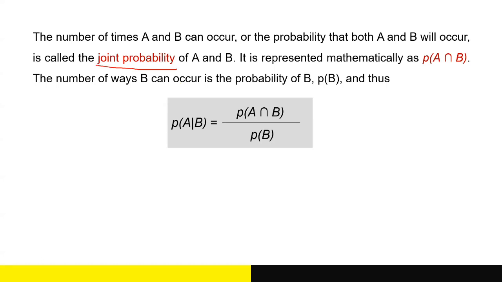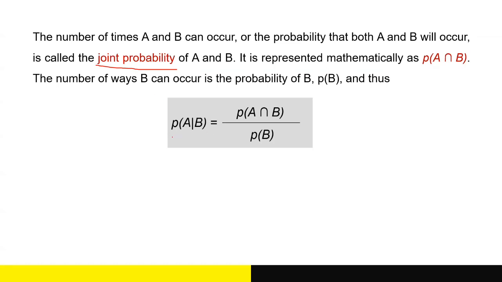So joint probability refers to the probability of two or more events happening together, which in this case is events A and B. It is represented mathematically as the probability of events A and B both occurring together. So the number of ways B can occur is the probability of B.